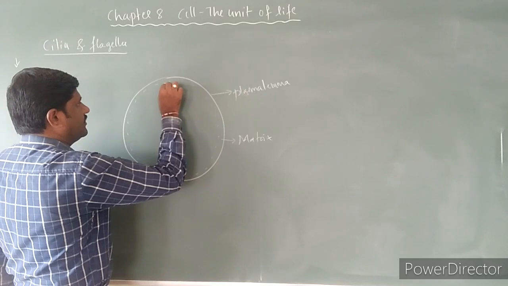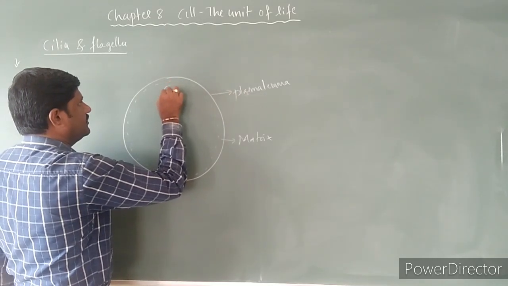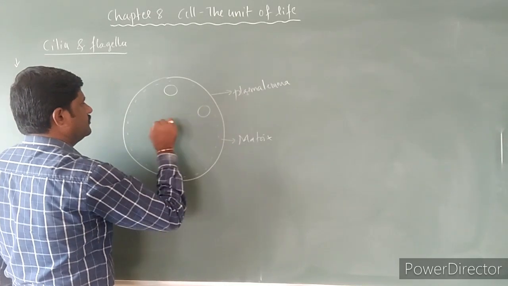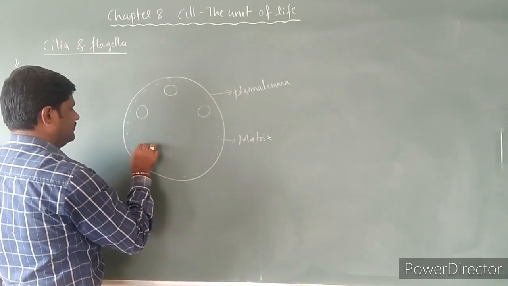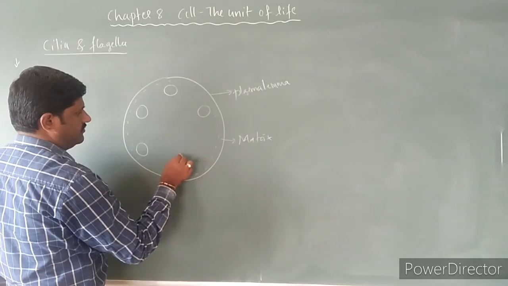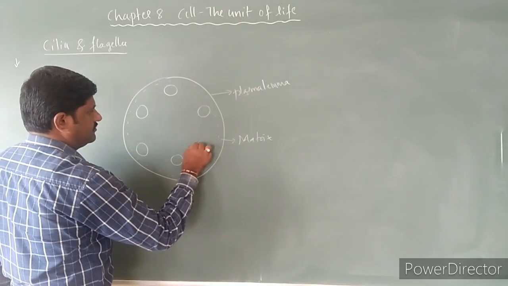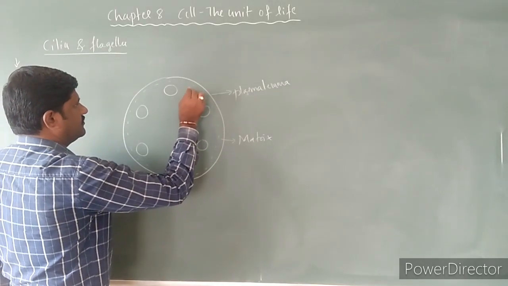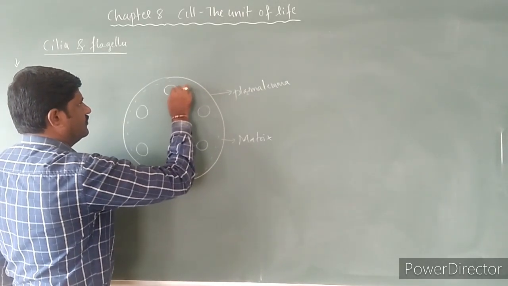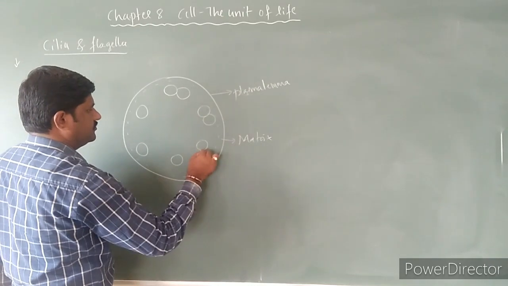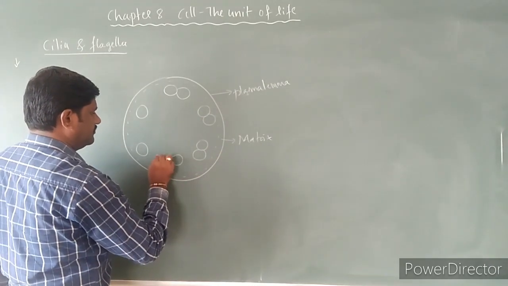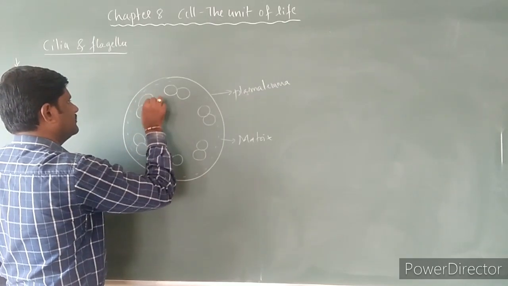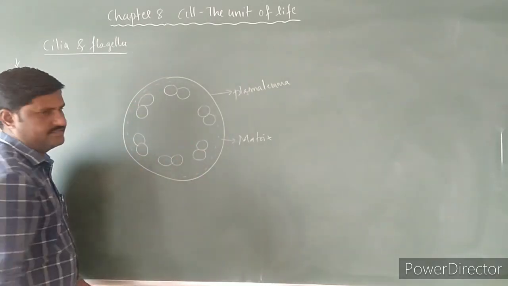Inside that, 9 doublets. See here, this is 1, this is 2, this is 3, this is 4, 5, 6, only 6 are there.